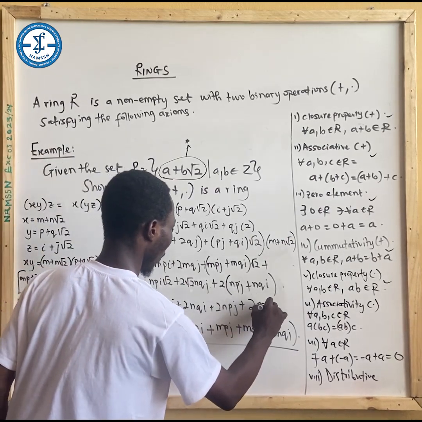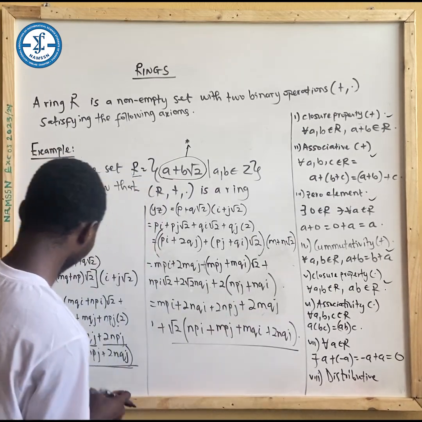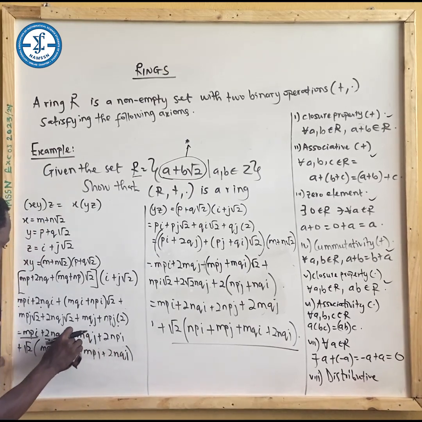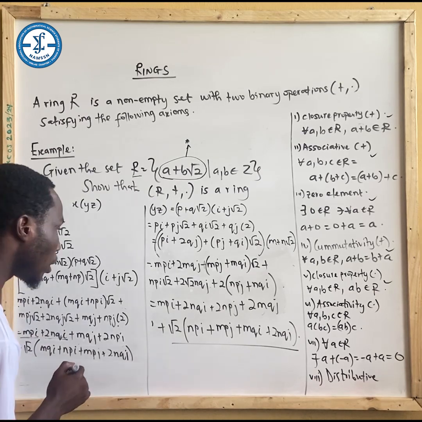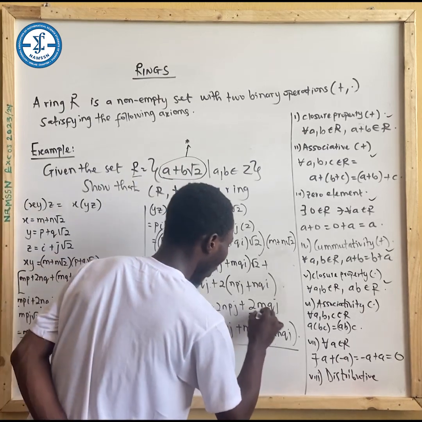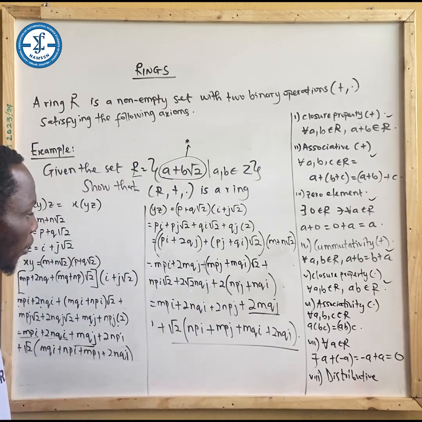I have 2NQJ. So the only thing different here is just this. Probably there's a mistake somewhere.